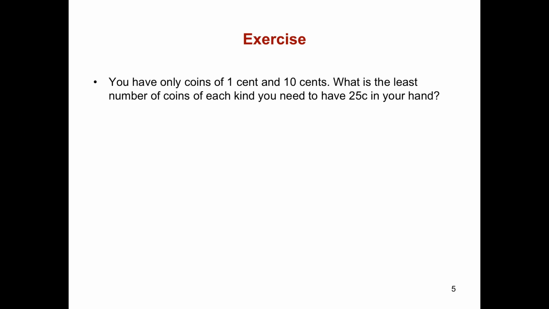Now, 25 is basically 2 of 10 cents. So the algorithm here is: I take the largest type of coin that I have and see what is the maximum number of those that I can fit into the number I'm trying to represent. In this case, that's 20 cents out of 25. That's 2 of those coins, and then 5 of the smaller ones.